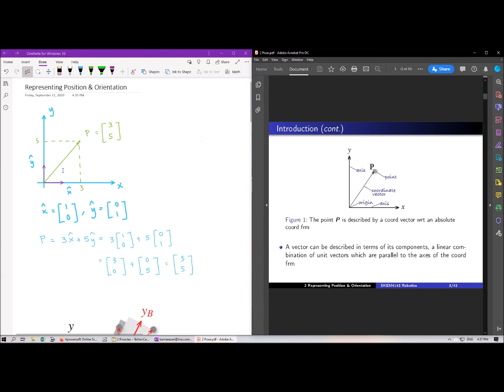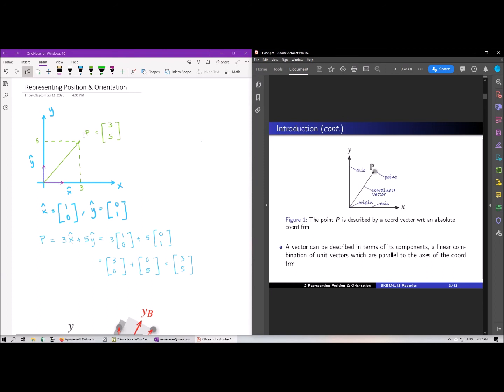So what is P? P is a vector which is this line, and we know that this vector is this line up to here plus another vector from here to here. The vector from here to here is really 3 multiplied by the unit vector, 3x hat.